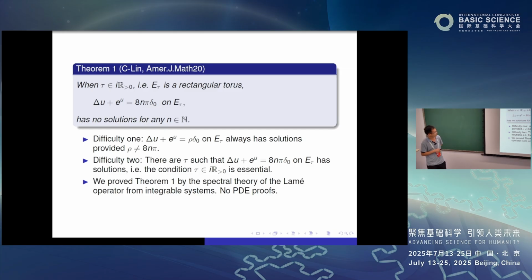Remember, we already introduced that if rho is not 8 pi times an integer, then this equation always has a solution. So these two results together tell us that when the torus is a rectangular torus, then this equation has a solution if and only if rho is not a multiple of 8 pi. This is an if and only if.